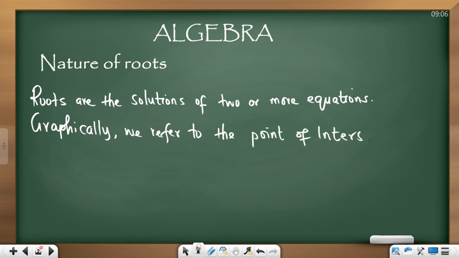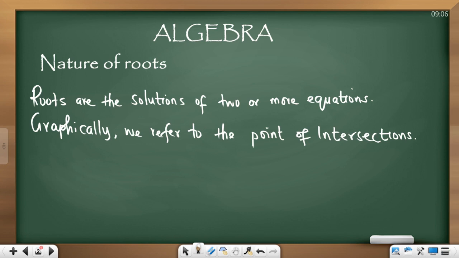I'm already into functions now, and I'm sure you remember what points of intersection are. The point where two or more graphs meet. So where they meet is what we call roots of the solution.